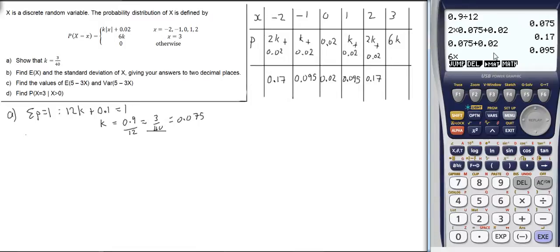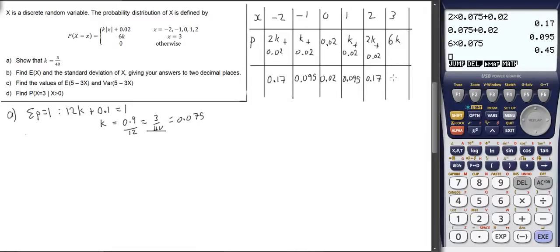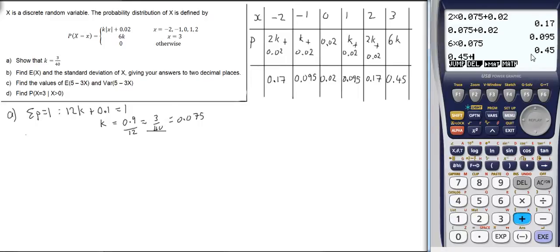So it's 6 lots of 0.075, 0.45. And I'm just going to check that they all add up to 1, because if they don't, we're in trouble, but they do, so that's great.